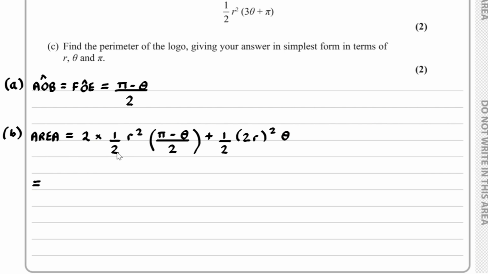Two lots of 1/2 is 1, so we have r squared lots of pi minus theta over 2, and then 4r squared theta over 2 is what we will add on.